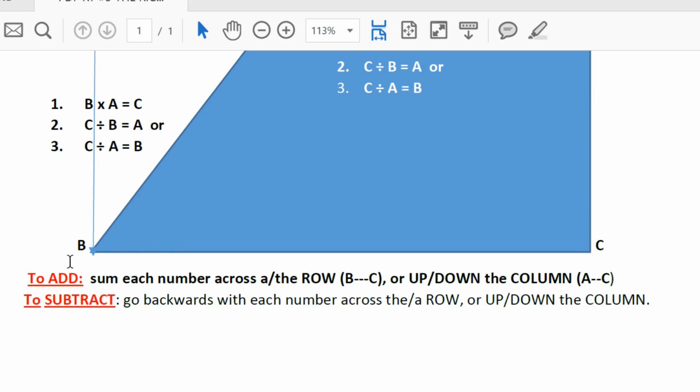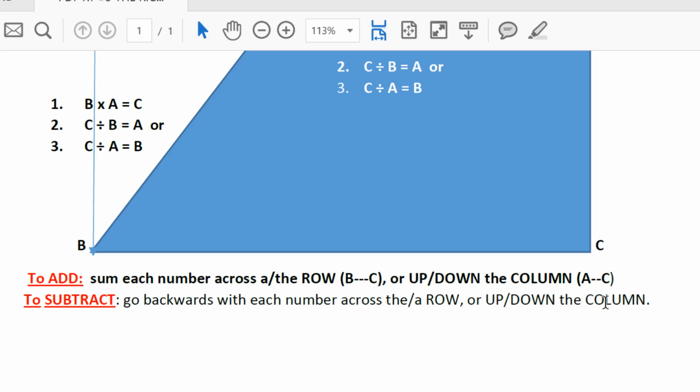If you want to add, you just go to the farthest left-hand column and keep summing that number in the far left-hand column horizontally across the matrix.